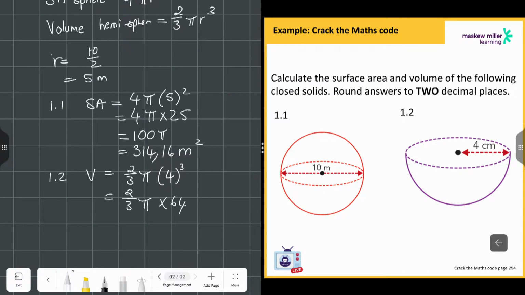So we multiply 64 times 2 over 3 and then multiply by pi. They want it to 2 decimal places, so 134.04, and it is centimeters cubed because it is volume.